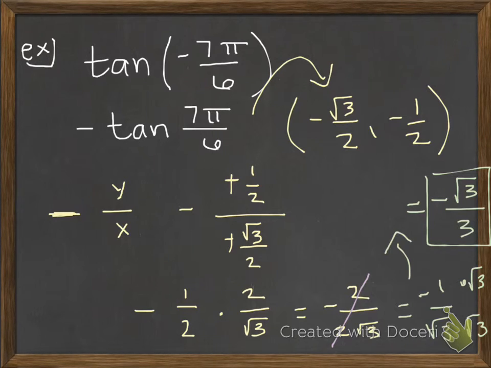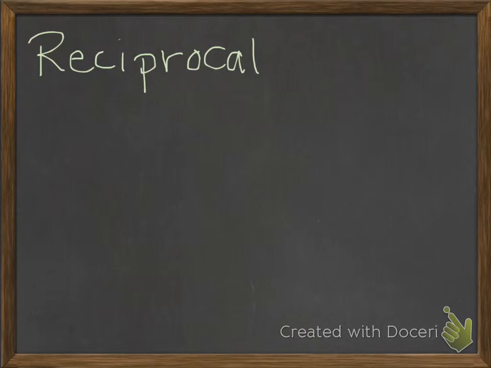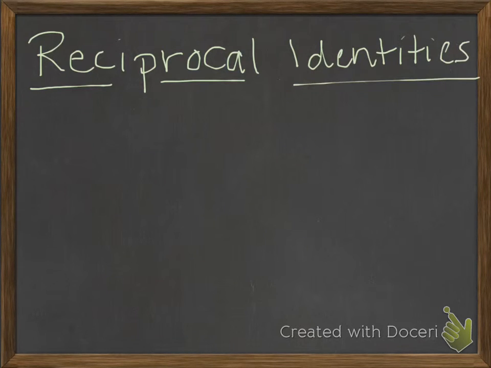The last thing I would like to do on this video is give you the next set of identities, and then in the next video we'll actually use those identities. So, the next set of identities is the reciprocal identities. And you might have been able to figure these out already. It's pretty obvious once I start writing it down.